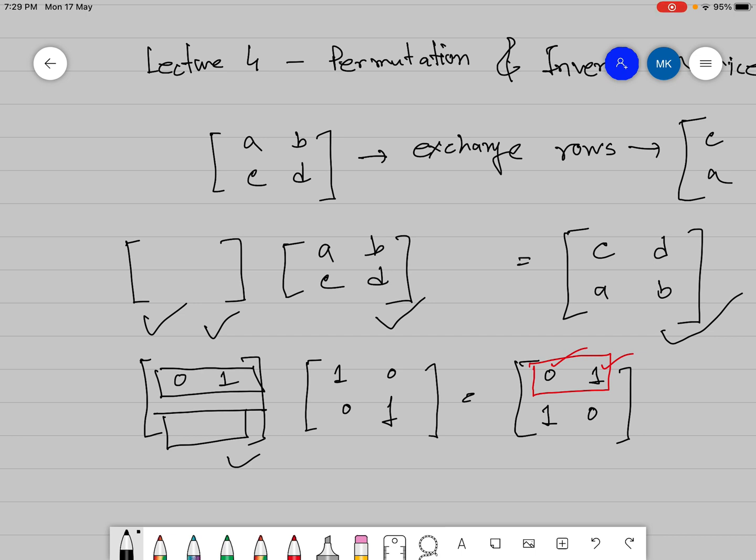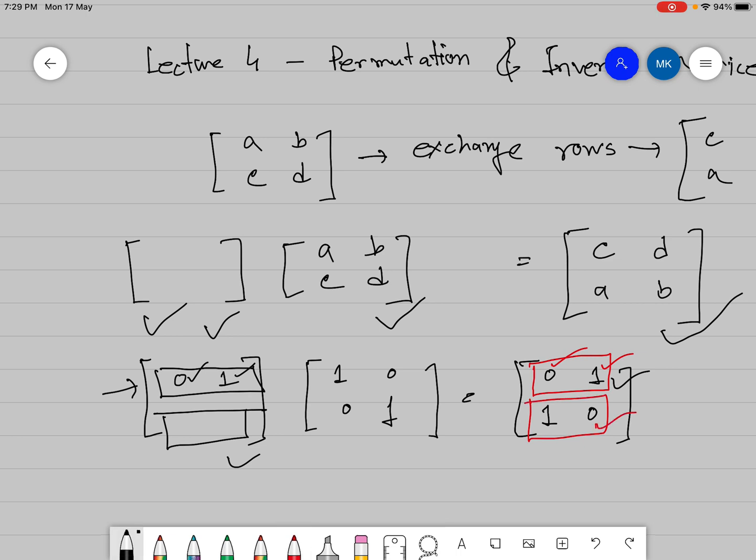If you do the vector matrix multiplication, what this entry does is it takes none of the first row and ones of the second row, so that you get this output. Now the second row is ones of the first row and none of the second row.